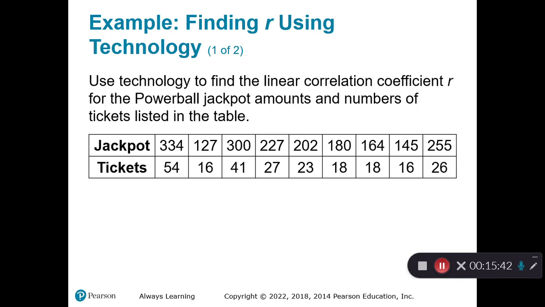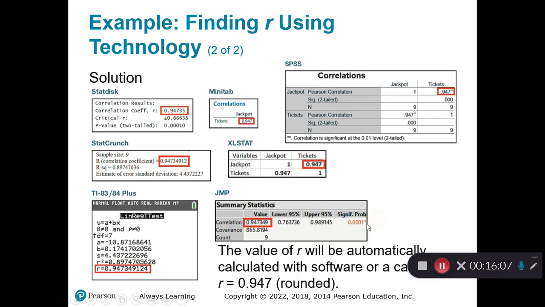So this is paired data. Each one of these columns is an x, y ordered pair. This is the ordered pair 334, 54. This is the ordered pair 127, 16, and so on. So we see that there are 9 pairs of data, 9 ordered pairs.